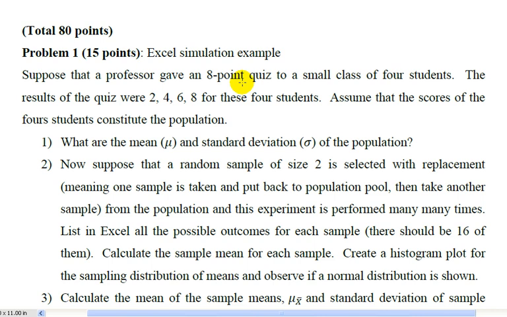The population consists of only 4 numbers, 2, 4, 6, 8. Now you're going to take 2 samples out of the population and then calculate the mean value of the 2 samples from the population. And then we're going to look at what the distribution looks like for the sample mean.